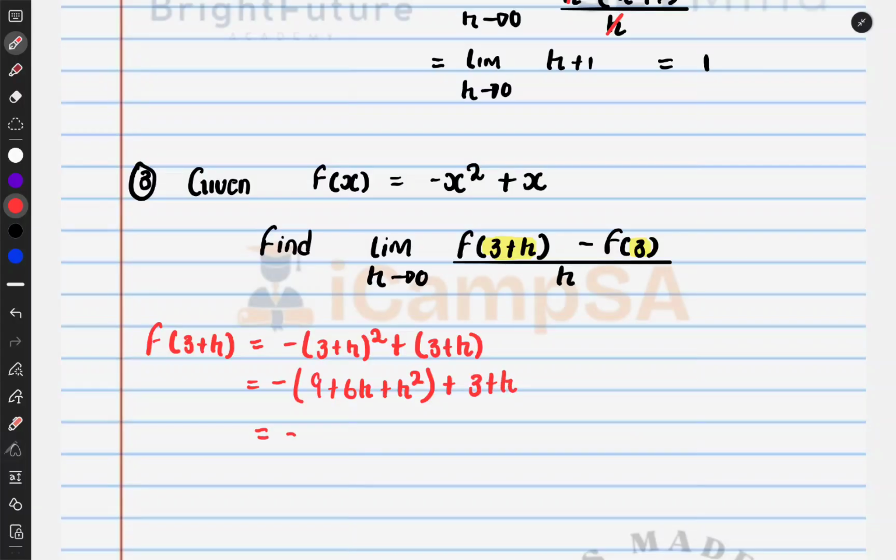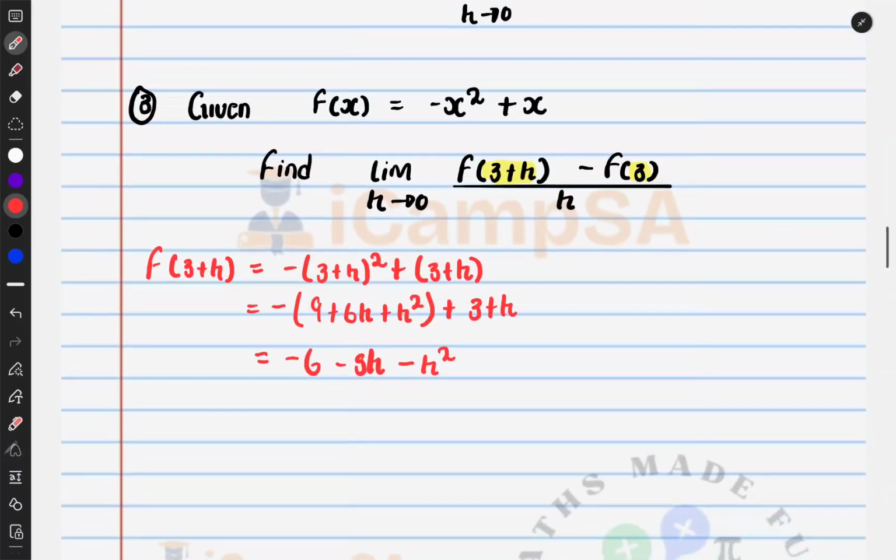So we're going to have negative 9. Negative 9 plus 3 will be negative 6, and then negative 6h plus h will be negative 5h, minus h squared. Hopefully I didn't make a mistake there.